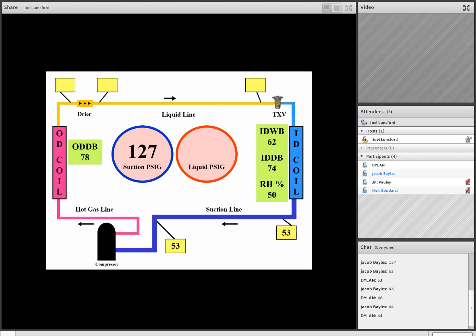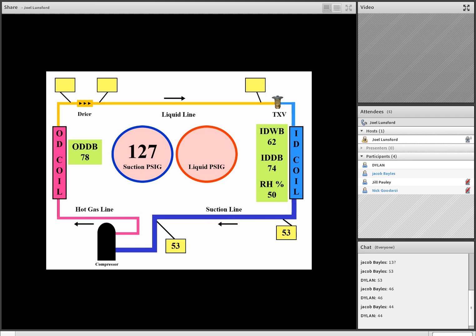What would the pressure temperature conversion be? Anybody? Dylan there said 40. Okay, that sounds about right.